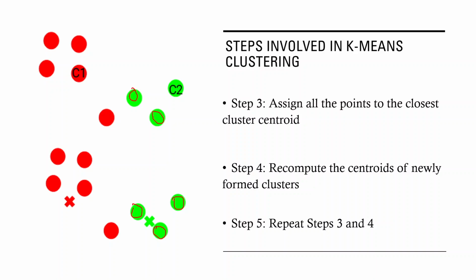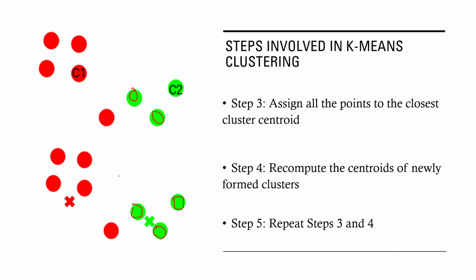That's where you want your centroid to be. With respect to a graph, you would add all the x values and divide by n, and all the y values and divide by n, and you'll get one x, y coordinate. That's where you put your green centroid, and you repeat this for each and every cluster that you have. That's how we compute the centroids of newly formed clusters.